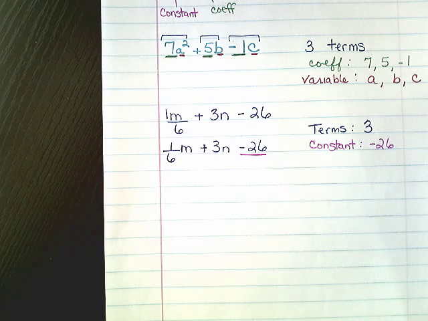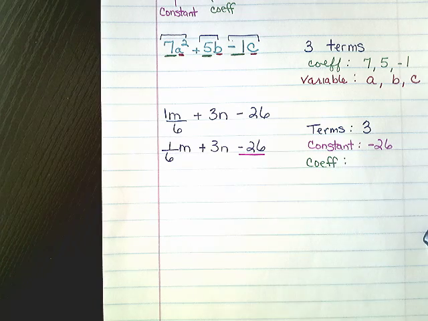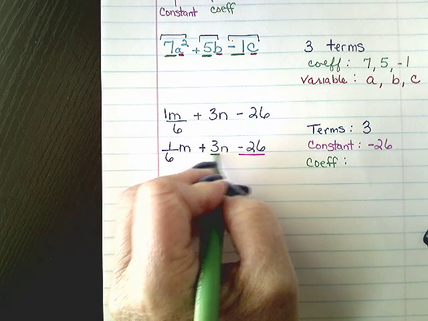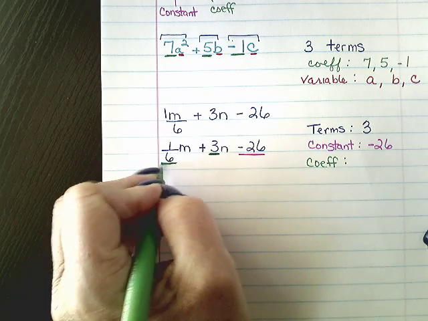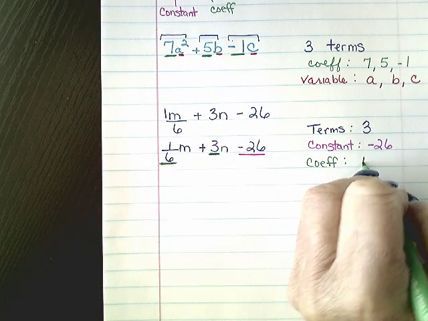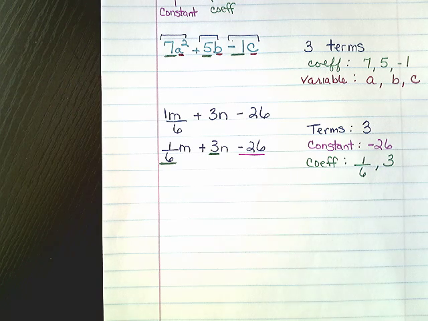Don't forget to bring the negative sign with it. Then we have our coefficients. Do we have a coefficient? We have 3. It's being multiplied by n. And we have 1/6 that's being multiplied by m. So I have 2 coefficients, 1/6 and 3.